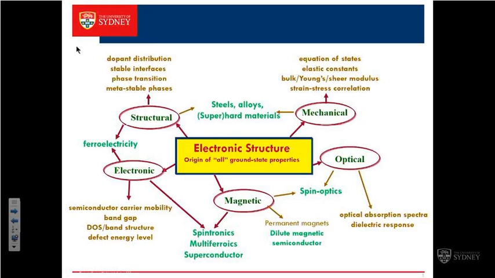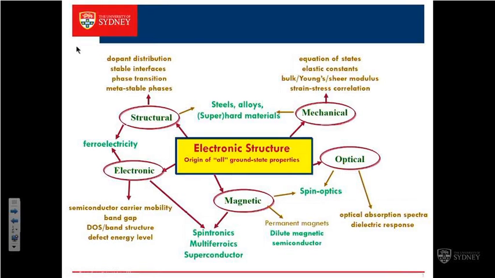We calculate here the carrier mobility of semiconductors. We did a bit of that before. Density of states, band structures. We looked at some magnetic properties, in terms of permanent magnets. But you can also dope semiconductors with magnetic ions and turn them into what we call dilute magnetic semiconductors, which are used in spintronics applications, a big emerging field.